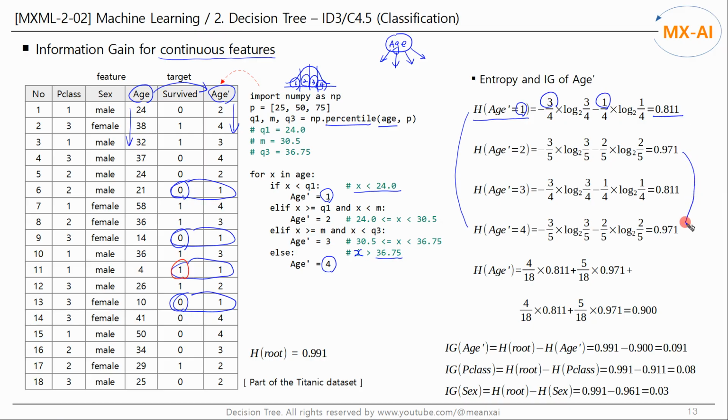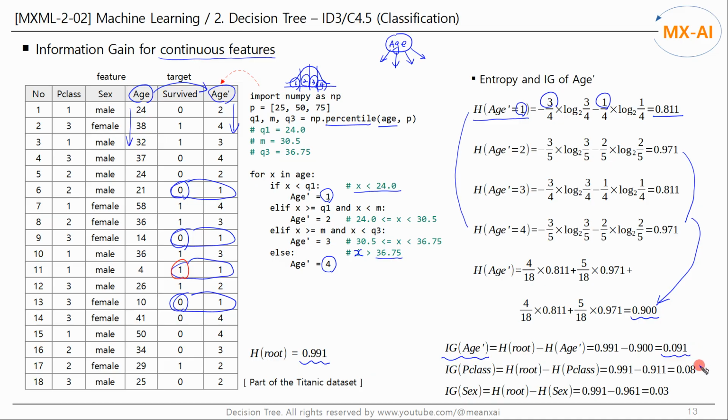Calculating the entropy of other sibling nodes in this way yields the following results. If we calculate the weighted average of these entropies, we get 0.9. In the previous slide, the entropy of the root node was 0.991. Therefore, the information gain of age prime is 0.091.